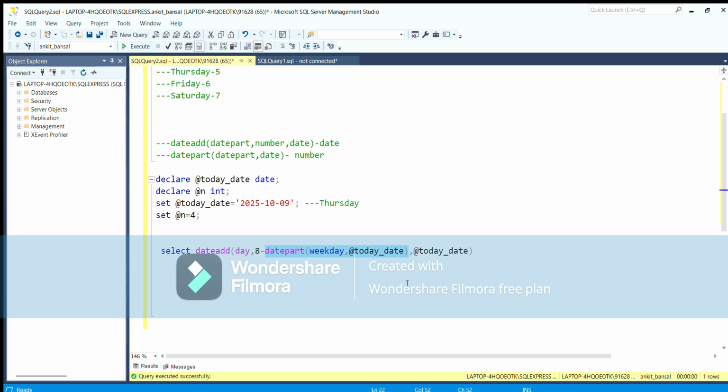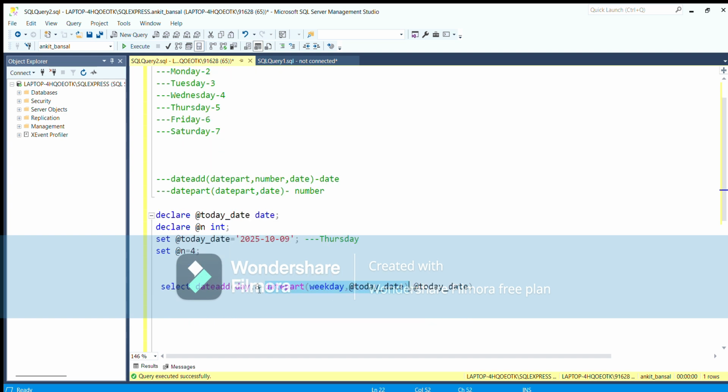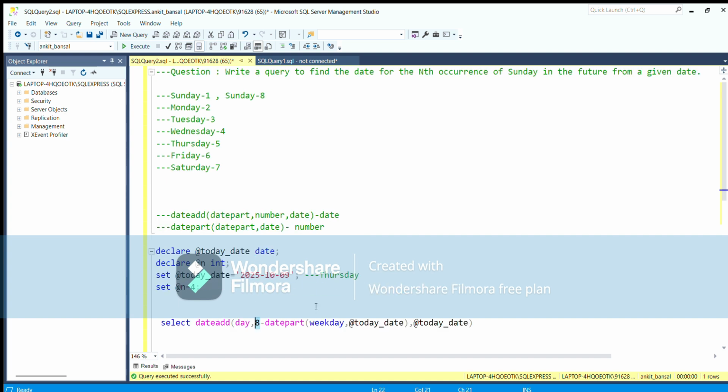So I have mentioned the DATEPART, which will give me the number only. And how? I've already mentioned in SQL, these are the weekdays. In the DATEPART section, I have mentioned weekday as the date part and then today's date. Today's date is 9 October 2025, which is Thursday, and Thursday has the weekday number 5. So this DATEPART will give me the number 5, and 8 minus 5 equals 3.